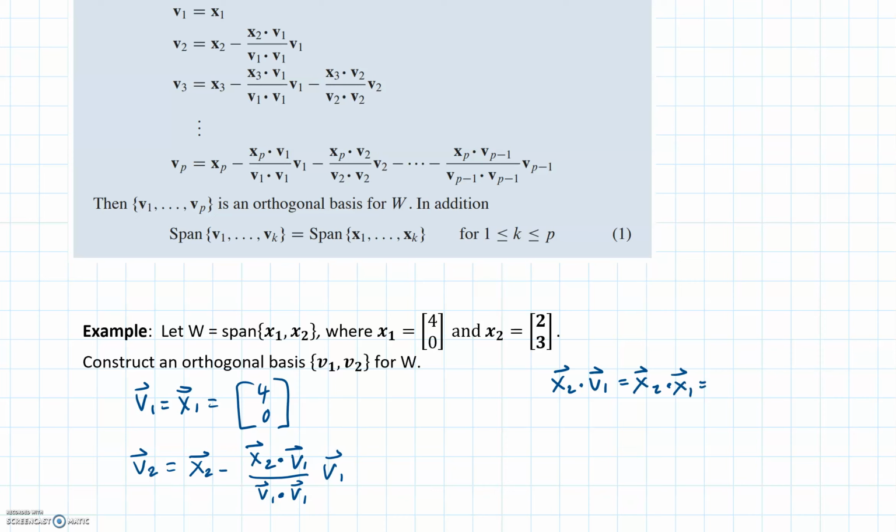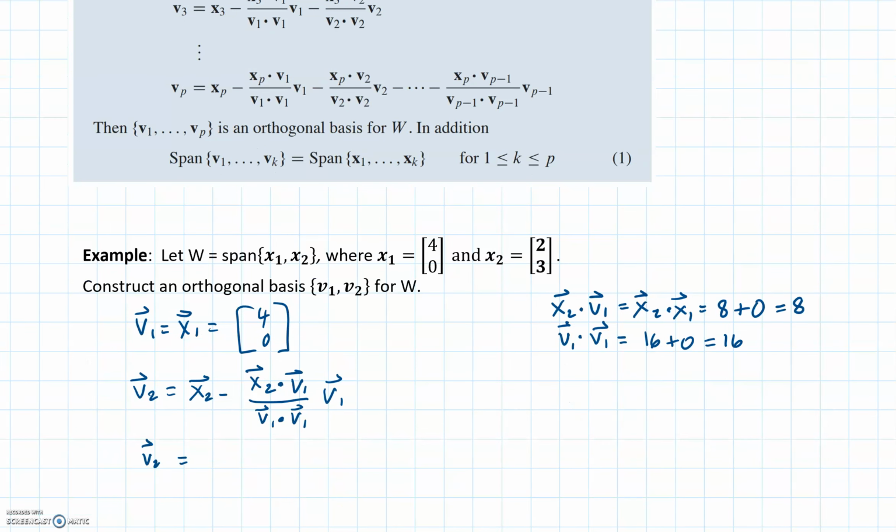That would be 4 times 2, which is 8, plus 0, so it's just 8. And then V1 dotted with itself is the same thing as x1 dotted with itself, which is 16 plus 0, 4 times 4 plus 0 times 0. So we get 1/2.